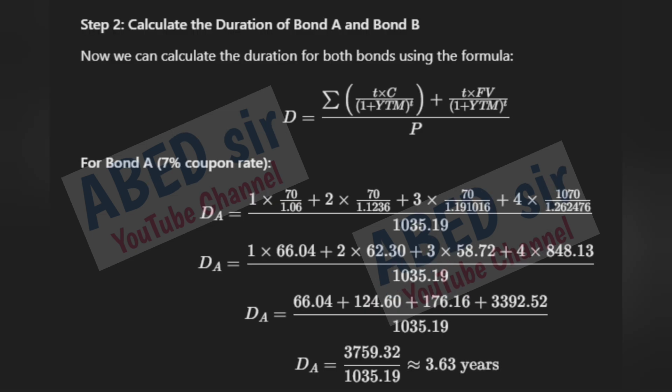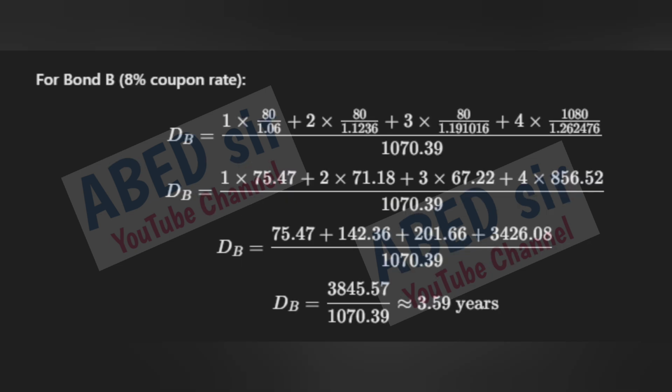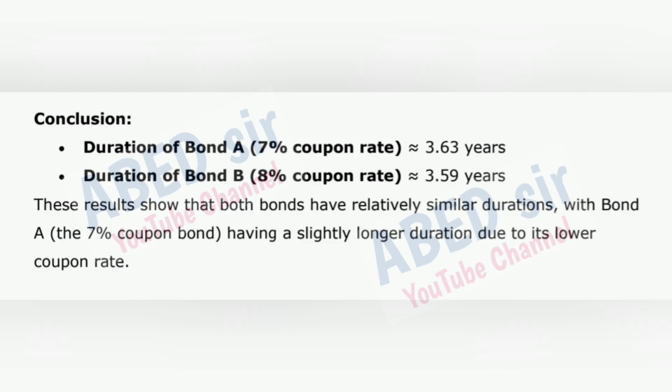Step 2. Calculate the duration of bond A and bond B. Now we can calculate the duration for both bonds using the formula. For bond A, 7% coupon rate. For bond B, 8% coupon rate. Conclusion. Duration of bond A, 7% coupon rate, 3.63 years.